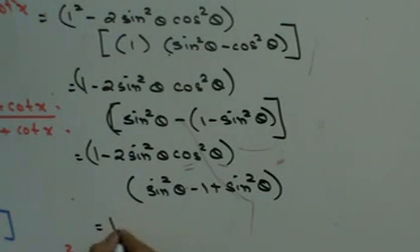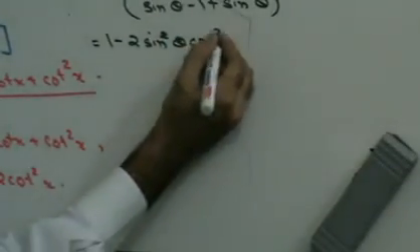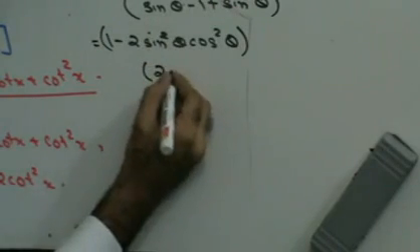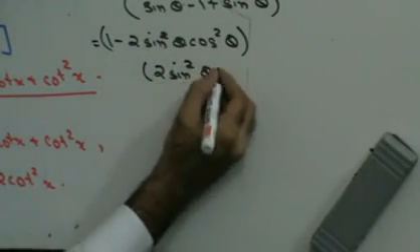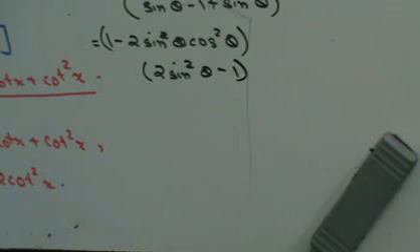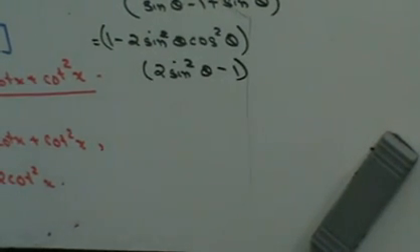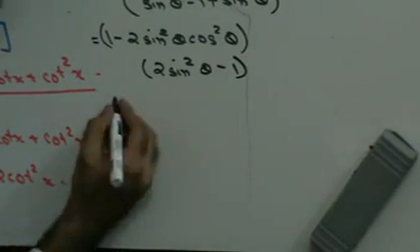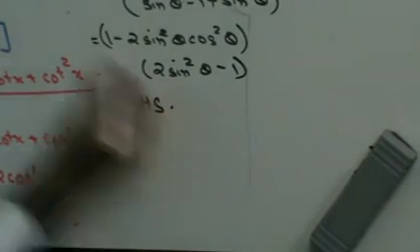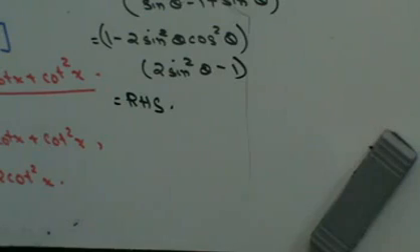So this will give you 1 minus 2 sin square theta cos square theta into sin square theta plus sin square theta, which is 2 sin square theta minus 1, and I presume that's what I have to do. 2 sin square theta minus 1 into 1 minus 2 sin square theta cos square theta. That's my RHS. Right? Let's see another theorem, guys.